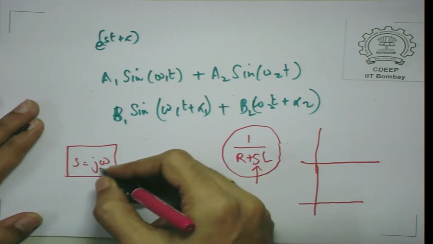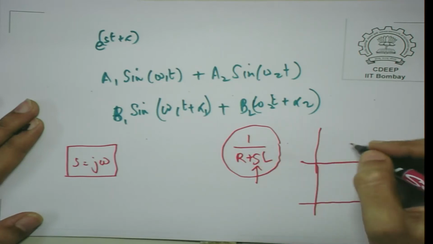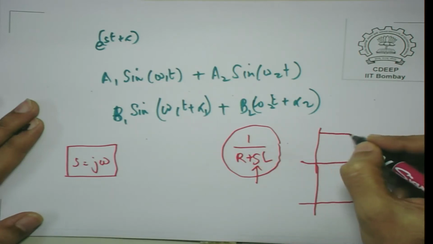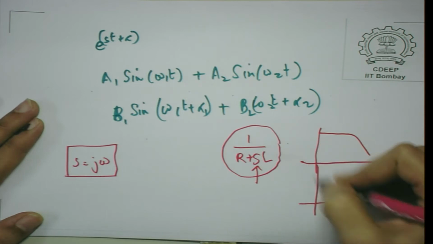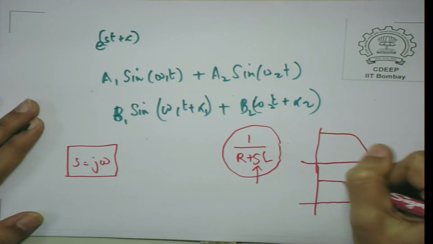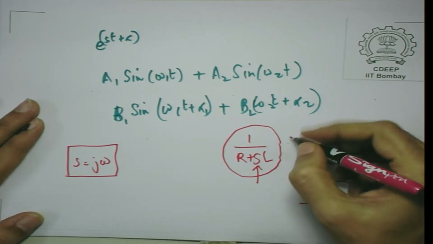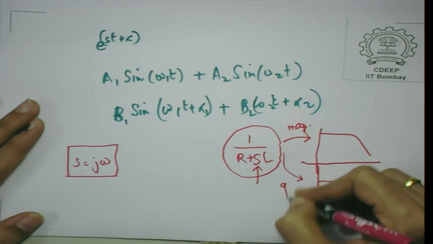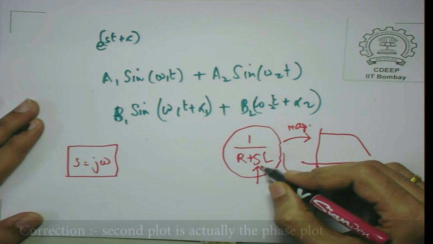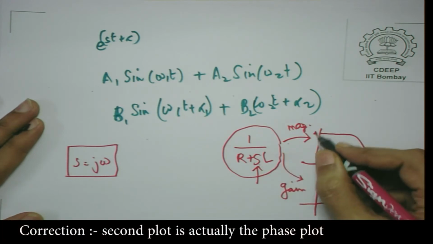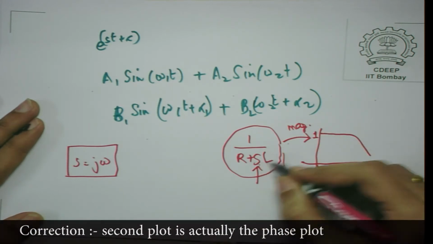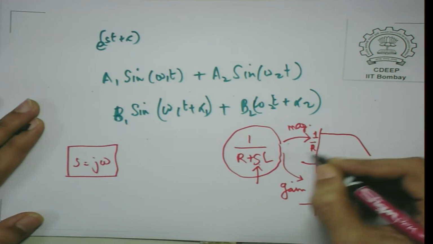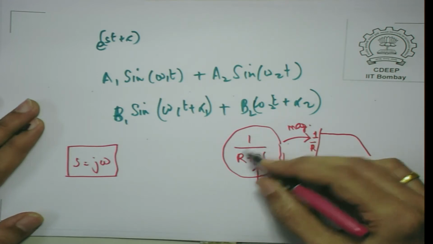If you apply s is equal to j omega, you can actually take out the magnitude and the phase. It is very easy to see that when s is equal to 0, the magnitude will be 1 upon R, because s equal to 0 gives you 1 upon R.